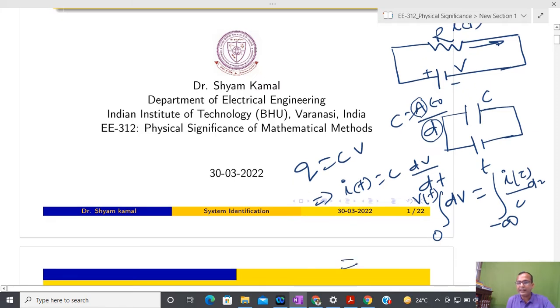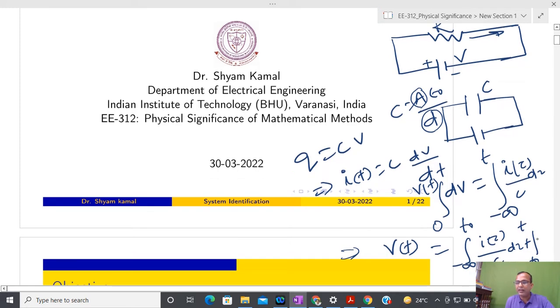If I have started our experiment at t0, then I have the integral of i(tau) by C d tau from t0 to t, plus the portion from minus infinity to t0. We have already learned this kind of thing during the circuit theory course. This portion is nothing but Vt0.